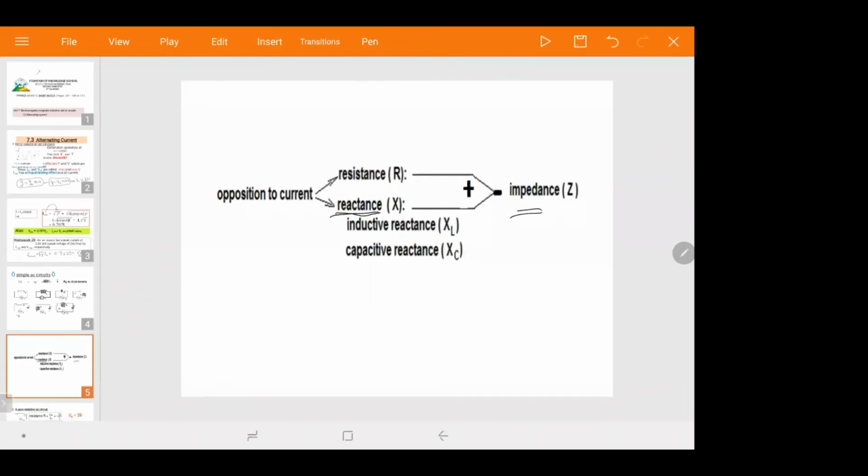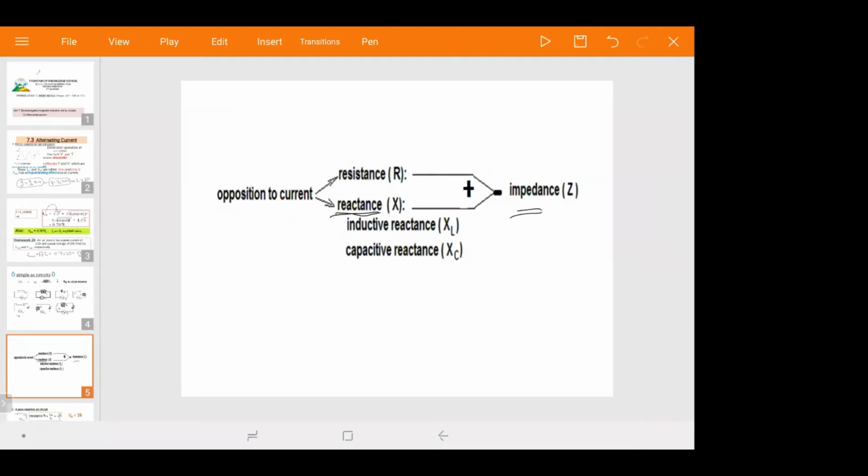Since we have two types of reactance, you can see we give the subscripts L and C. I'm sure, even if I don't tell you, by now you understand that subscript C stands for capacitive and subscript L stands for inductive.